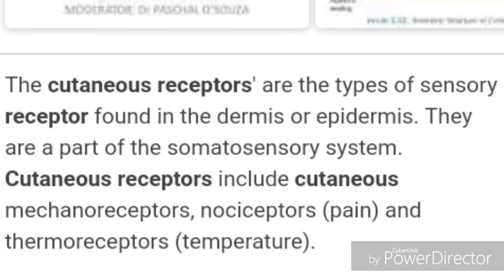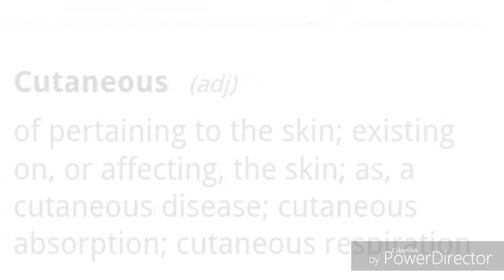The cutaneous receptors are the types of sensory receptor found in the dermis or epidermis. They are a part of the somatosensory system. Cutaneous receptors include cutaneous mechanoreceptors, nociceptors, and dermoreceptors.